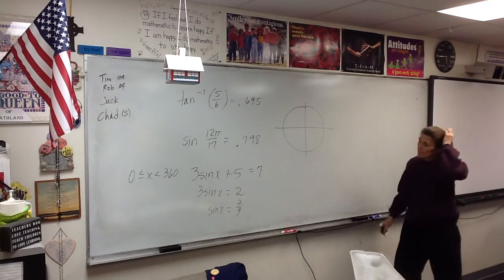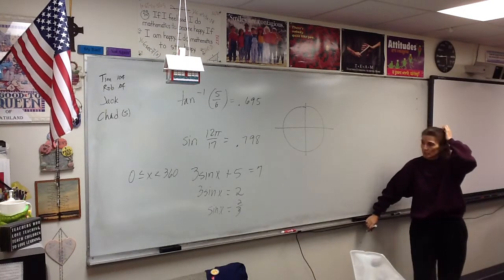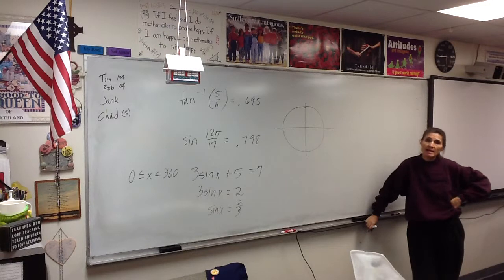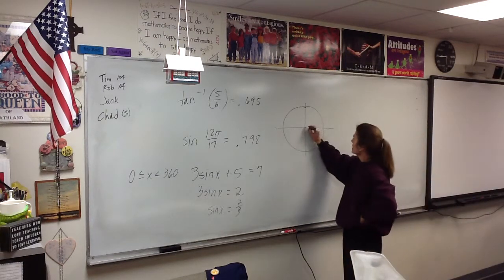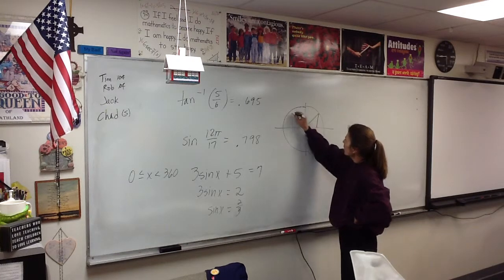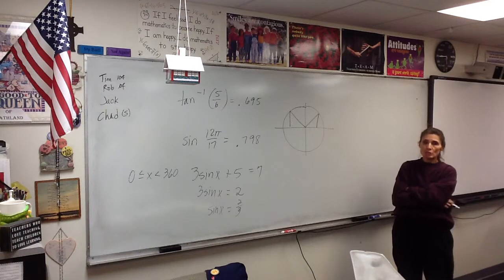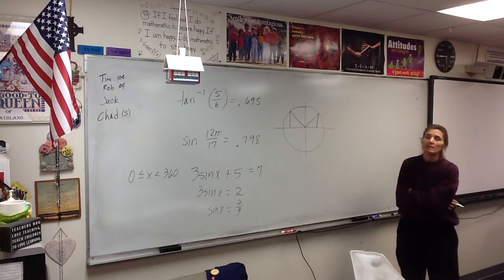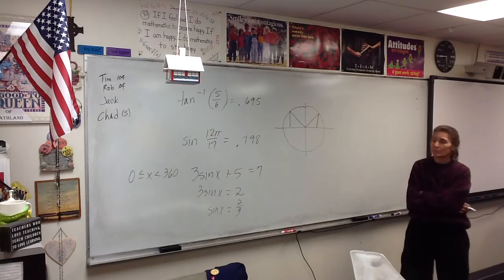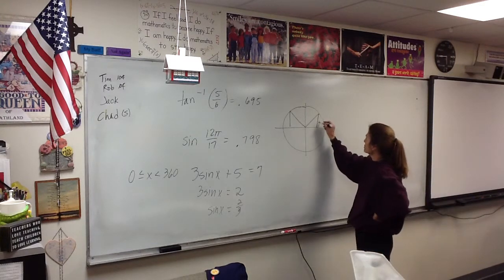Where will I look if the sine is 2/3? If the sine is a positive number, where will I look? Quadrant 1 and quadrant 2. Remember, sine is associated with y, and y is positive in quadrant 1 and quadrant 2. So the sine is 2/3.